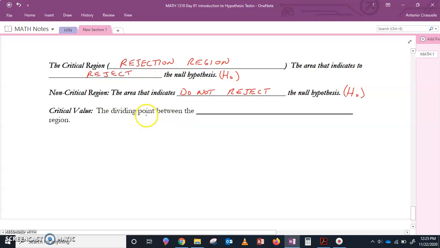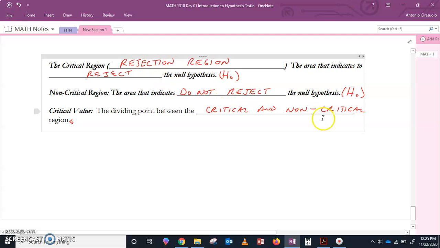And the critical value is the dividing point between the critical region and the non-critical region. Actually, we can say between the rejection region and the non-rejection region. Both would work.